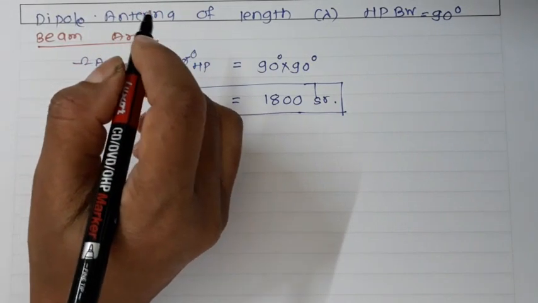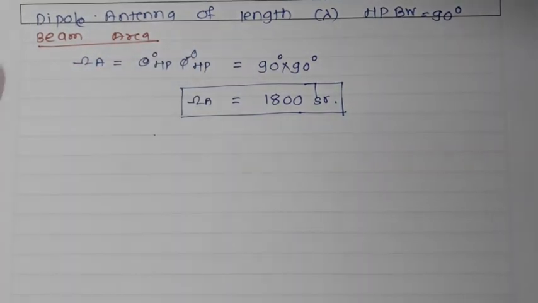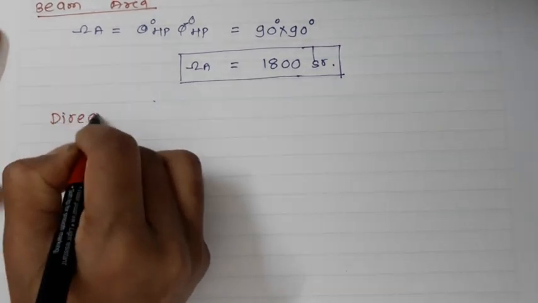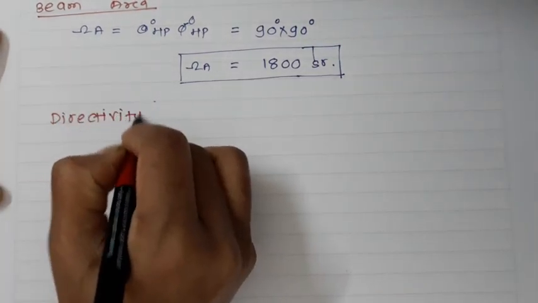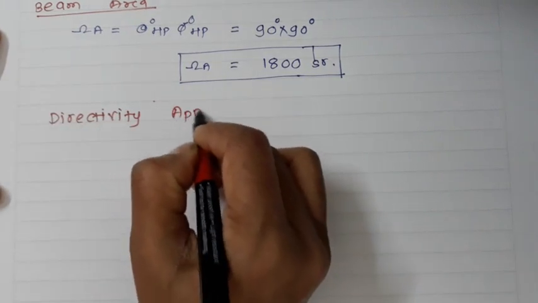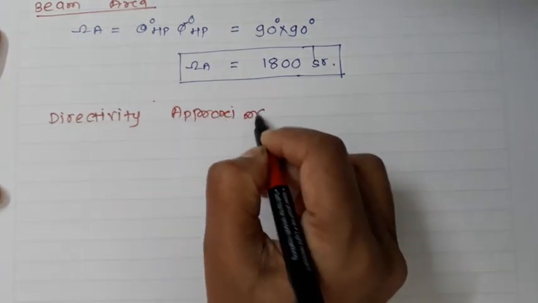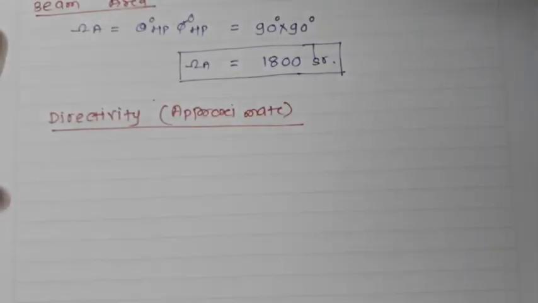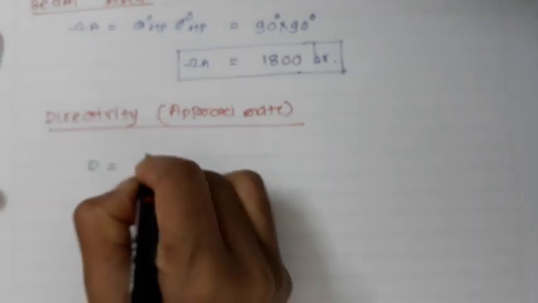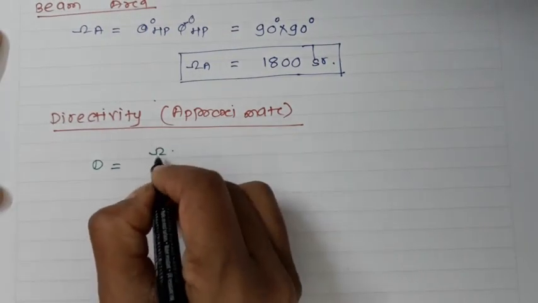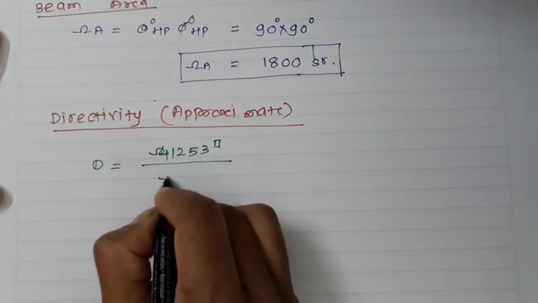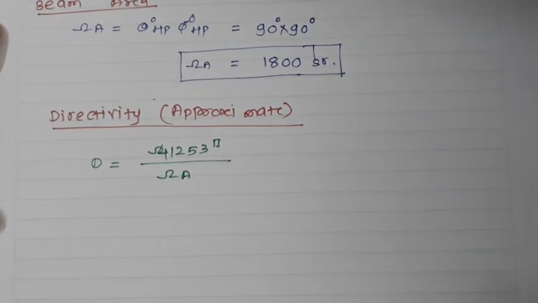Now to understand the directivity, I need this particular beam area. This directivity is the approximate directivity. So you can calculate D is equal to 41253 square degree divided by omega A, which is the beam area.